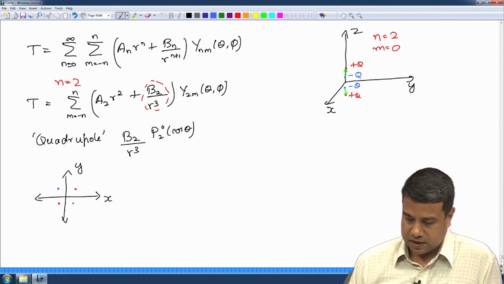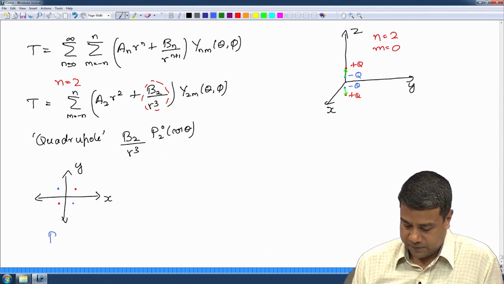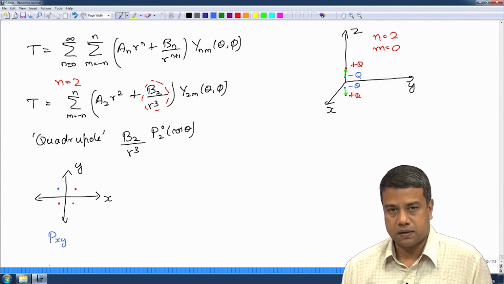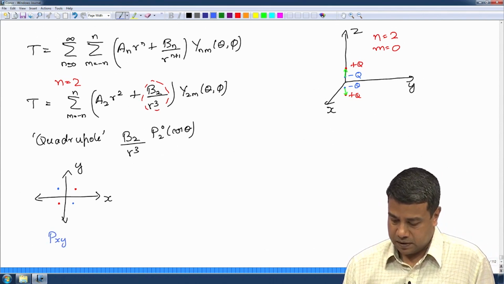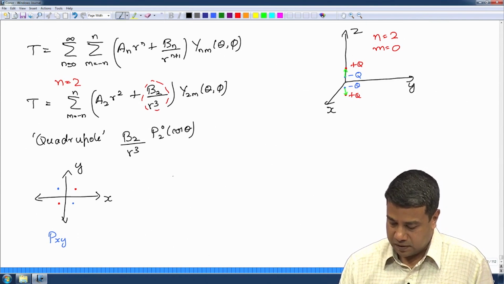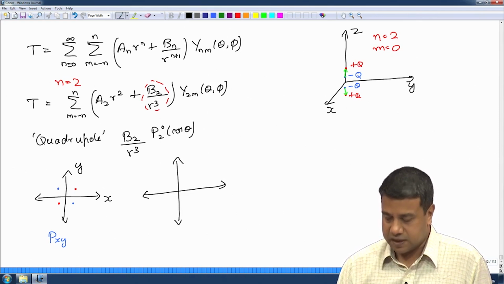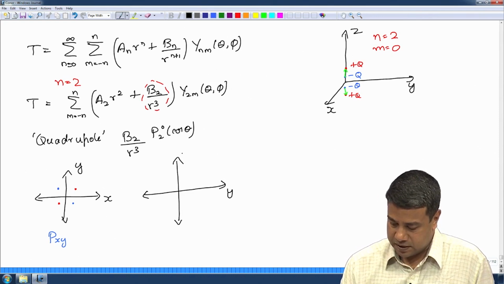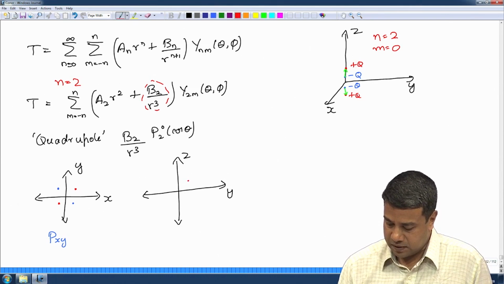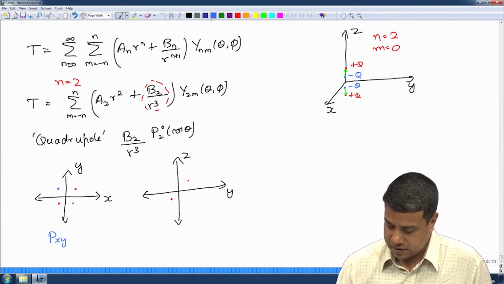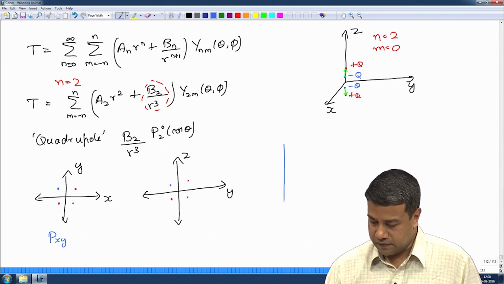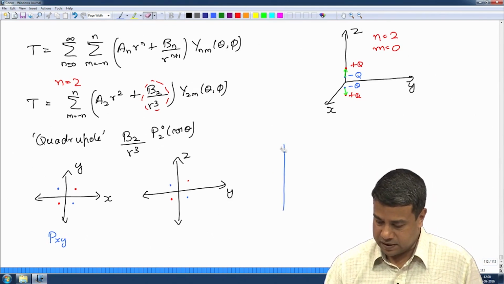So, this is called P x y. Then you have one along the y z plane. I am taking projections of this. In this, once again you have two sources and two sinks. And then you have one along x z.